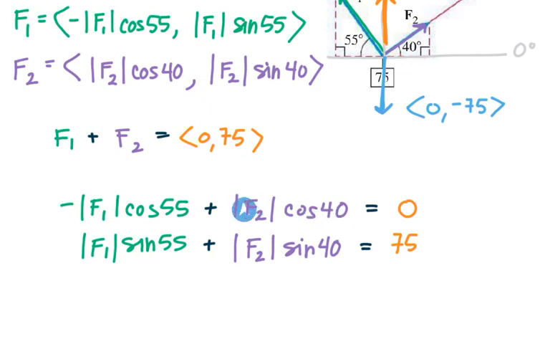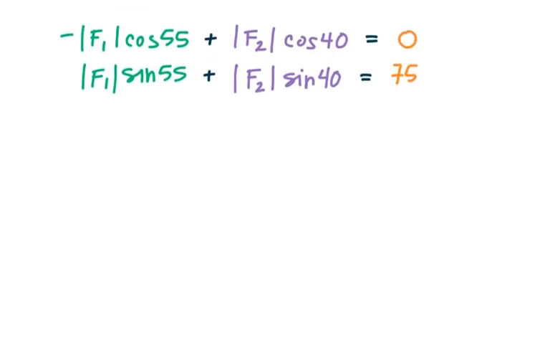So what I'm going to do is isolate force 2. I'm going to take this first equation and rearrange it. And if I do that, I can say, well, force 2 times cosine 40 is going to equal force 1 times cosine of 55. And I could divide by cosine 40.